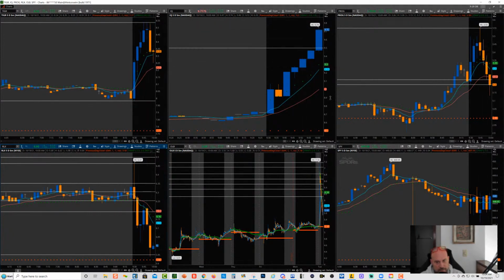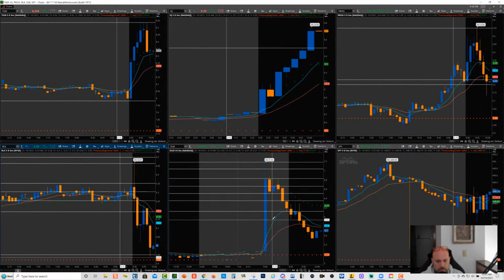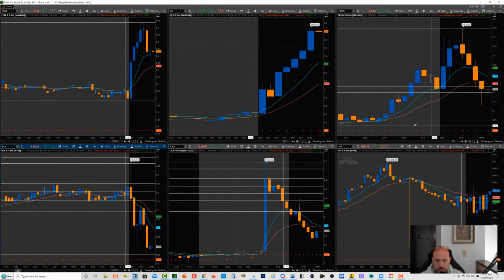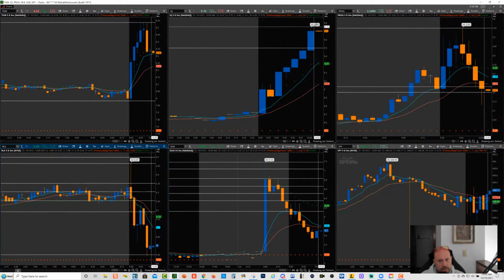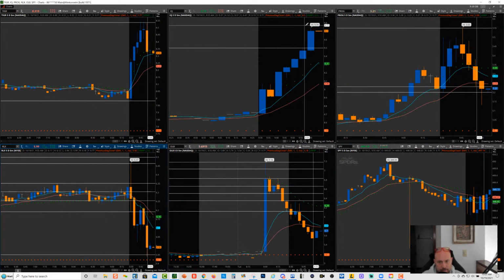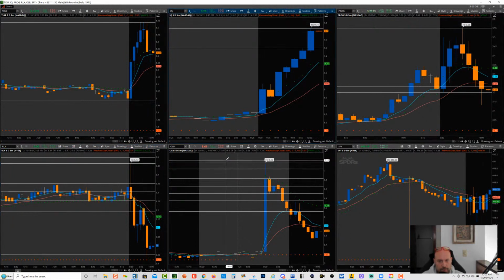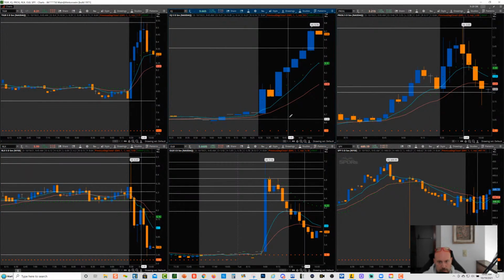Sometimes you won't get it and it just tanks. Other times it might just slowly pull back. But this is what I like to see, and I like to see this on TIGR. And as I zoom in on some of these other ones, you'll see it's possible with IQ. You'll see this high up here at that 974. So now we watch.